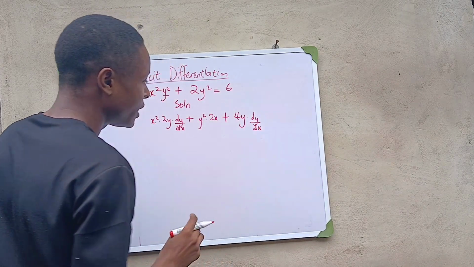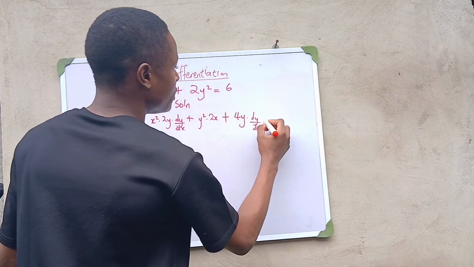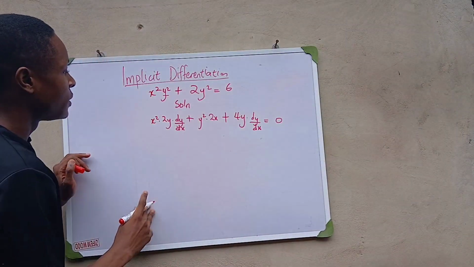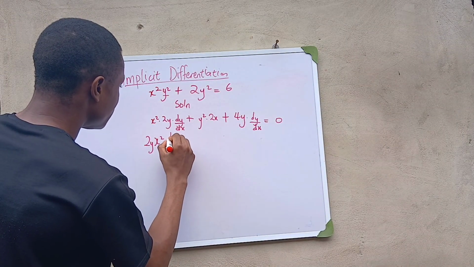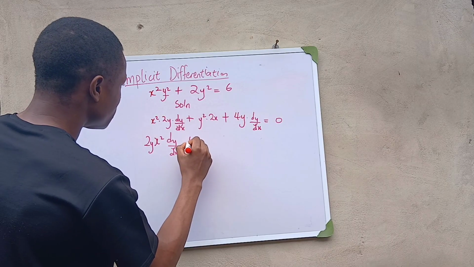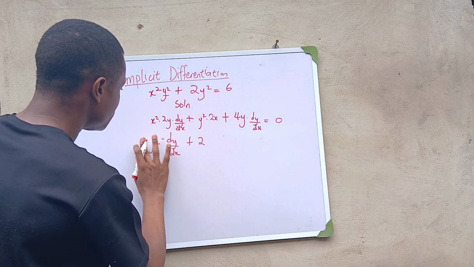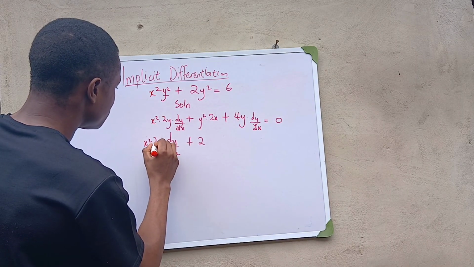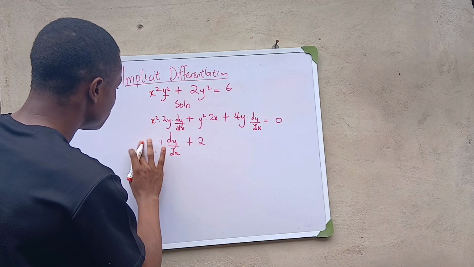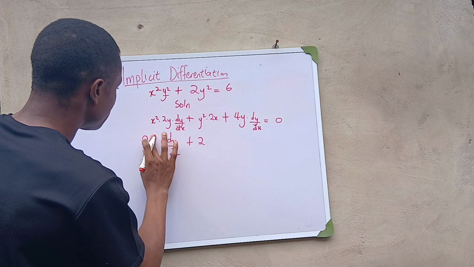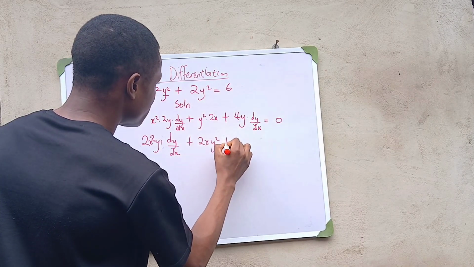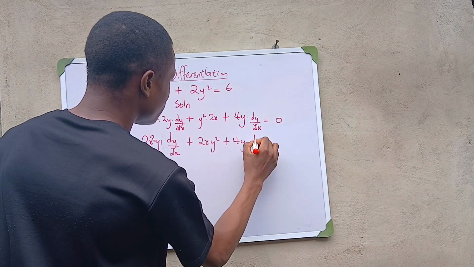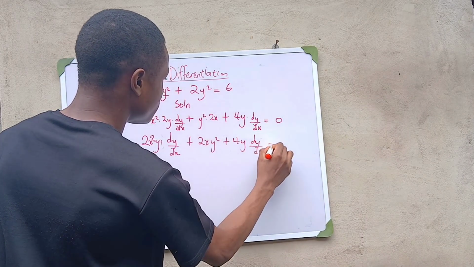We always attach the dy/dx when we differentiate y, equal to 0. So now we have 2x squared y dy/dx plus 2xy squared plus 4y dy/dx equal to 0.